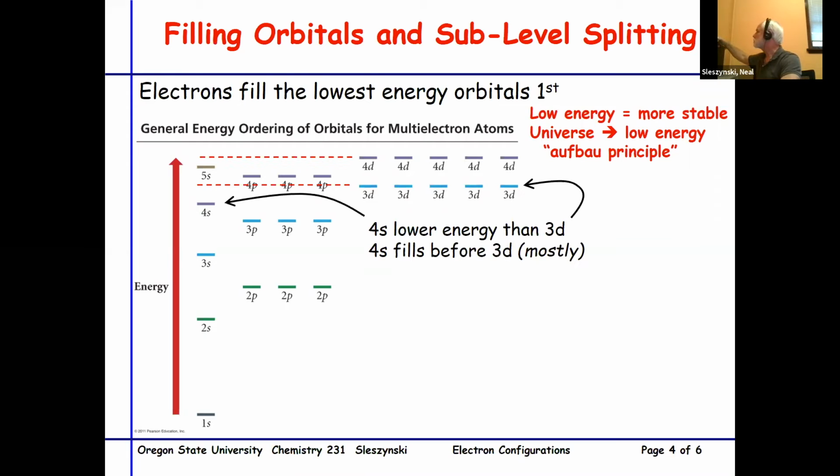What that means is that the 4s orbitals fill before the 3d orbitals in almost every situation that we will find. The Aufbau principle of filling lower energy orbitals requires this. And if you take a look at a periodic table, you will see that the 3d orbitals do not start showing up for our transition metal elements until we get to row 4, n equals 4.